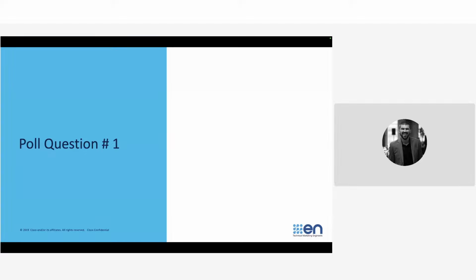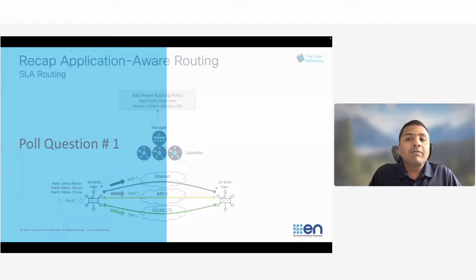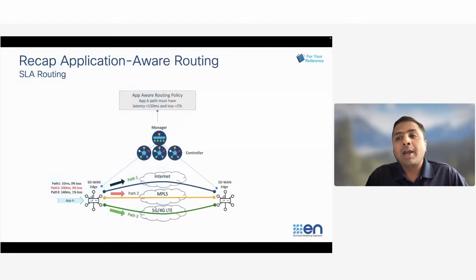All right, thanks, Tanner. So moving forward, I want to give a quick recap. This is a reference slide, and what it talks about is that today our solution does monitoring of the SD-WAN tunnels whenever you bring up the fabric between the SD-WAN edges. We monitor path quality metrics like loss, latency, and jitter across these different paths, like internet, MPLS, 4G, 5G, irrespective of transport.